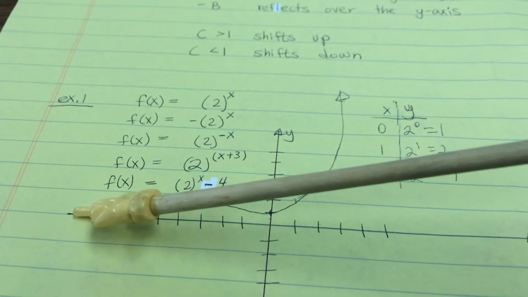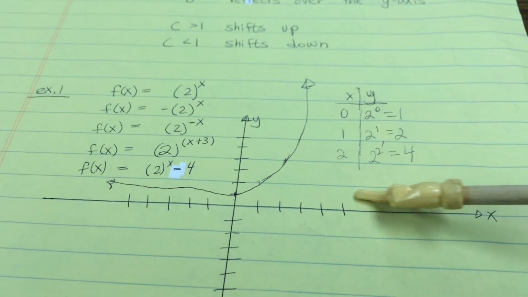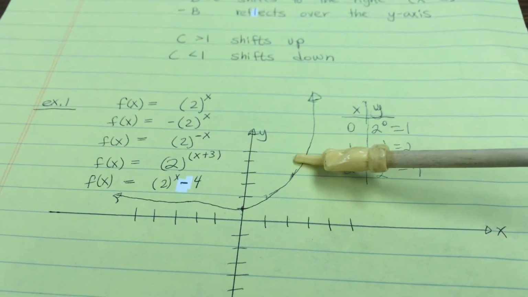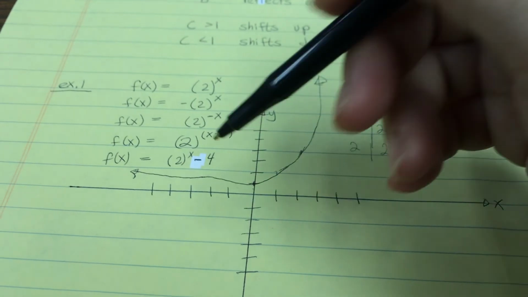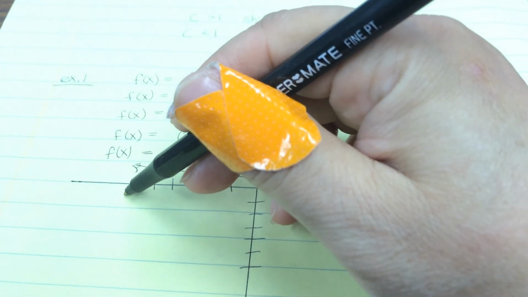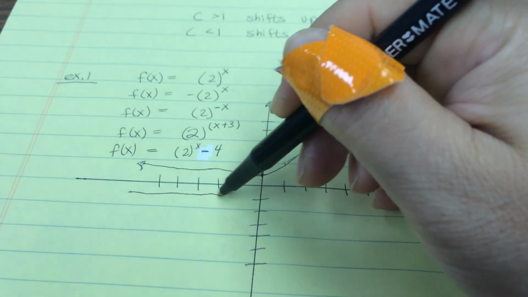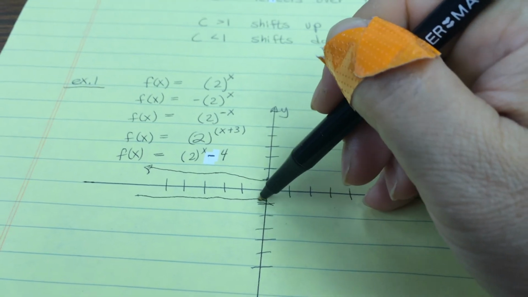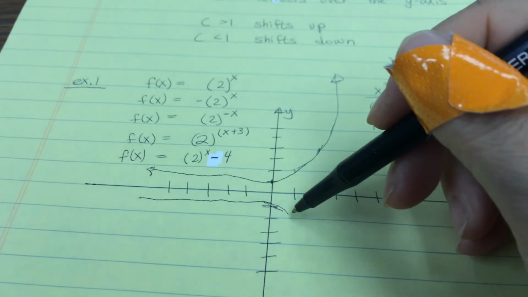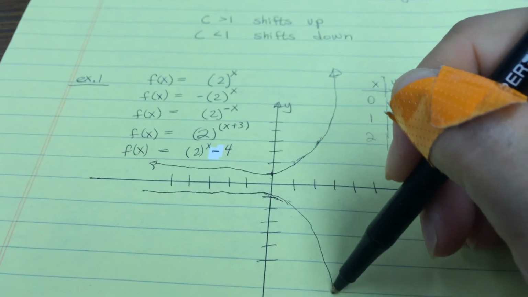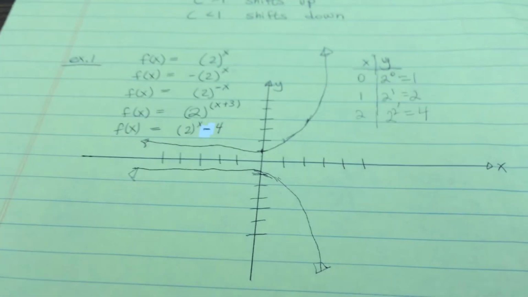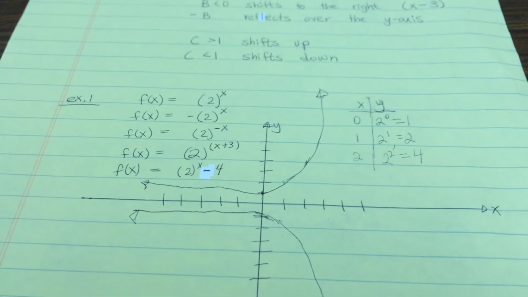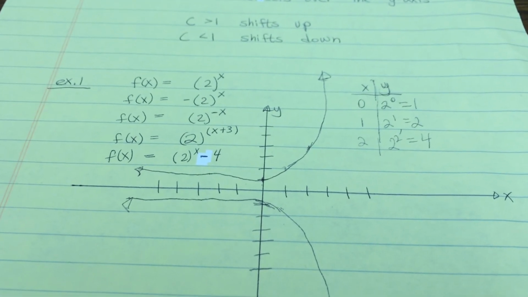The same idea here: the x-axis is the folding line. So if I fold the line, this graph is going to reflect and go over on the other side. It's going to come close to that negative 1 this time, and then shoot downwards instead, because that's the reflection of the previous graph. Okay, so that's what it looks like for negative 2 to the x.